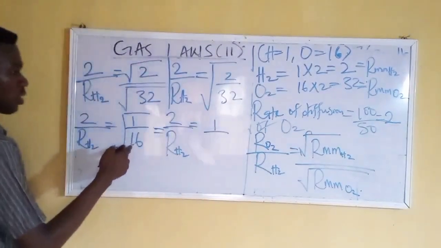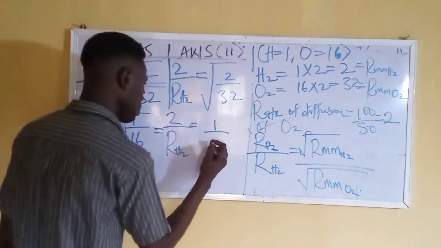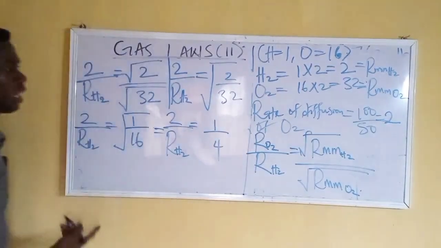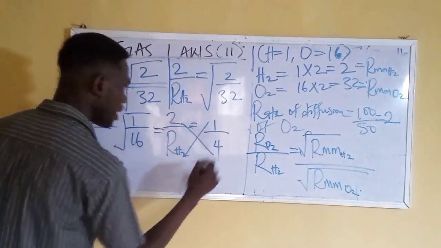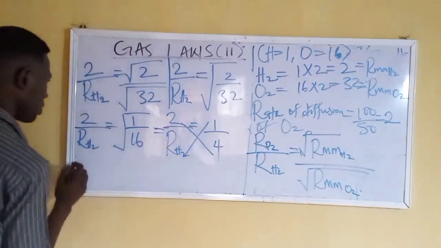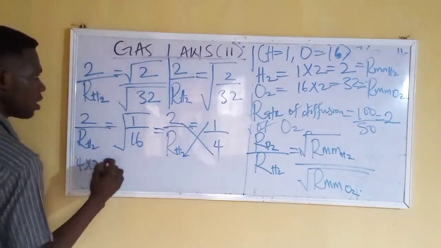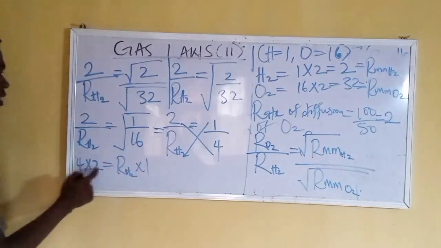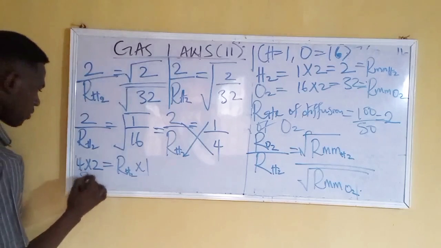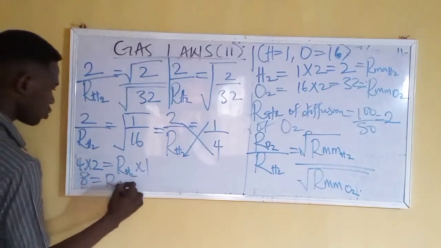And root 16 is going to give you 4. Now you have it as 4. The next thing we do is what? Cross multiply. And when you cross multiply, you have 4 times 2 equals to RH2 times 1. And 4 times 2 is going to give you 8. And you have 8 is equals to RH2.